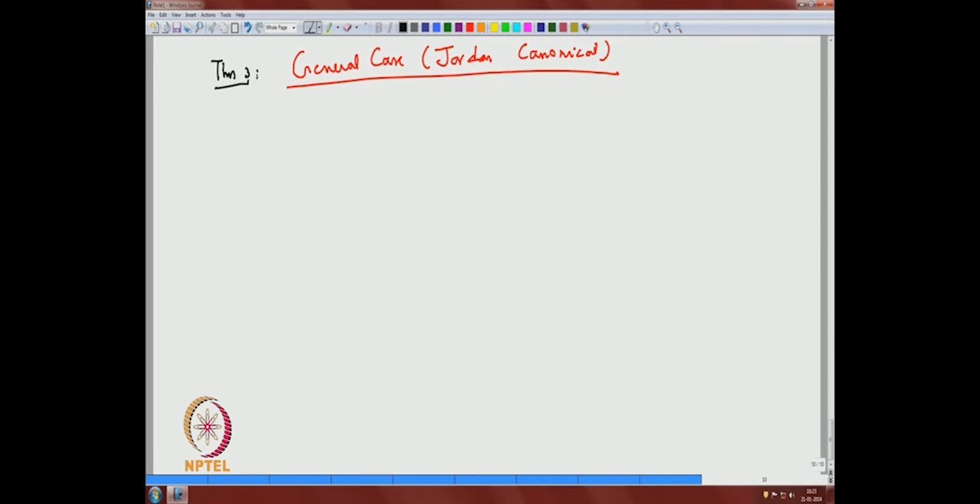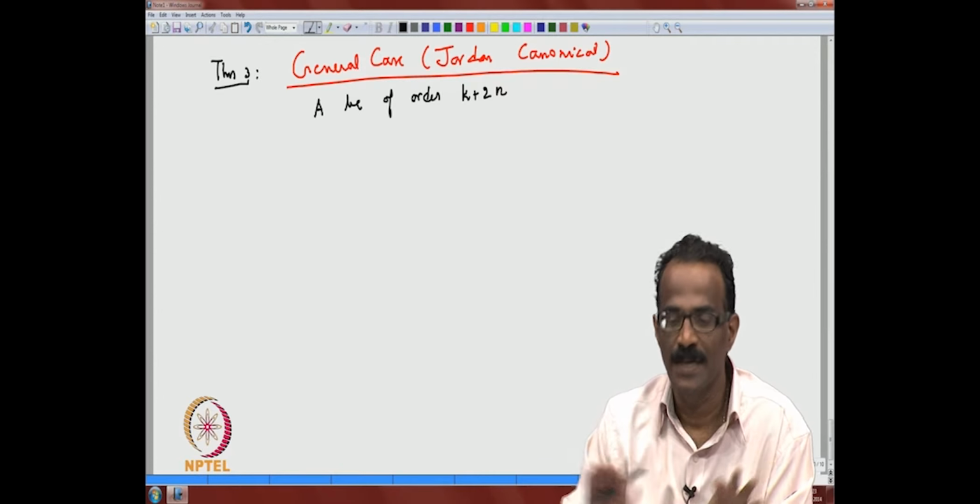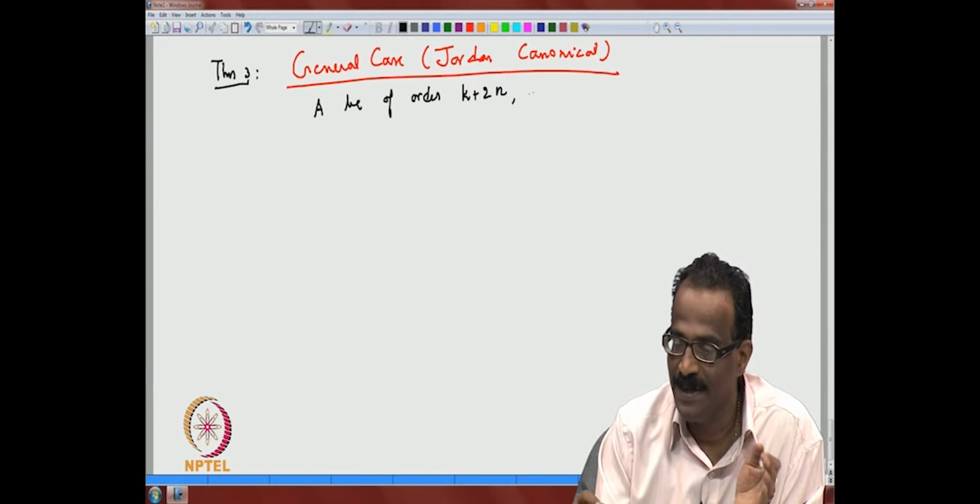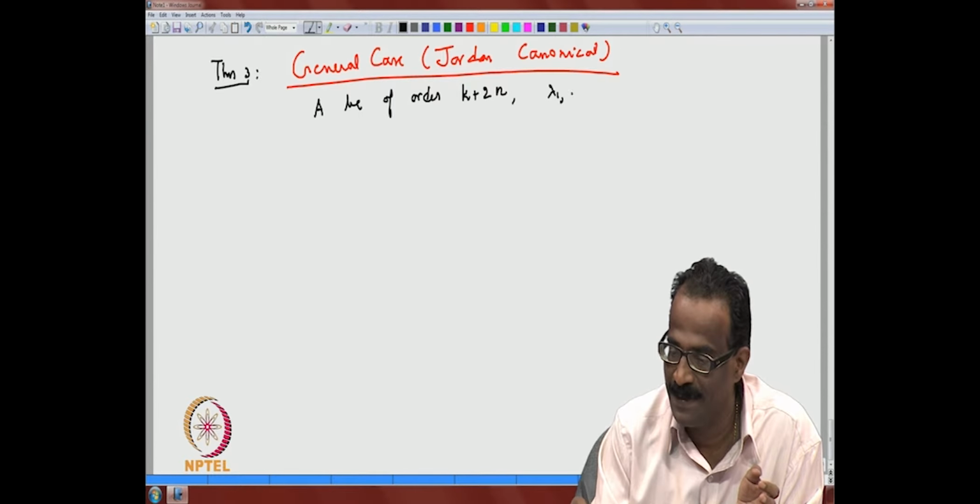Let A be of order k plus 2n. This does not reduce any generality, it is just to separate the real and complex eigenvalues. Here I am going to assume that it has lambda 1 and so on.